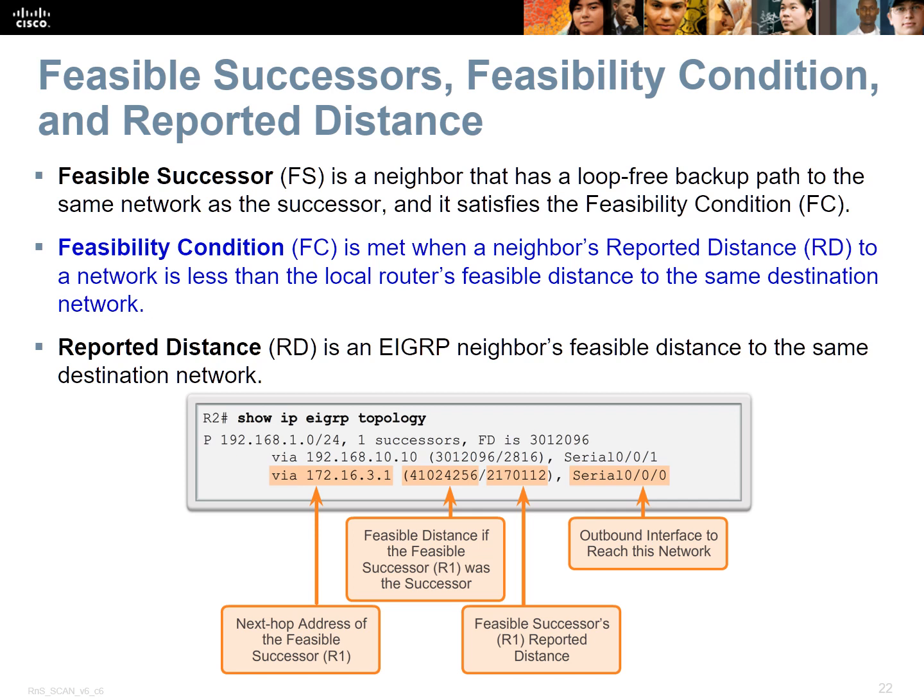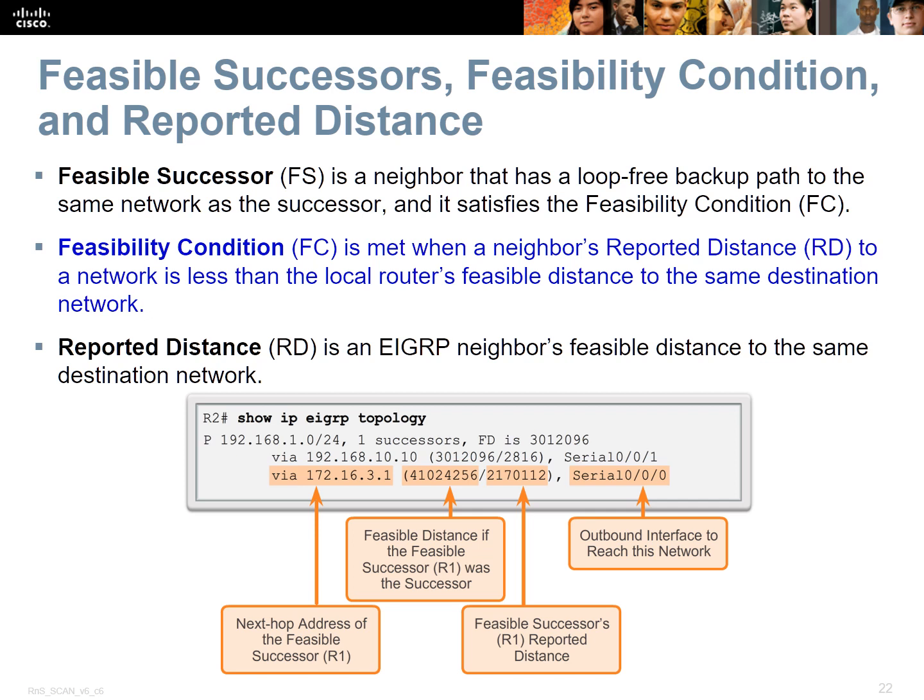Now, if we look at the topology, however, we notice that EIGRP says, you know what, I can get to 192.168.1.0 two ways. I can get there via 192.168.10.10, and I can get there via 172.16.3.1. However, the feasible distance for the top one is 3 million, but the feasible distance for the second one is 41 million.